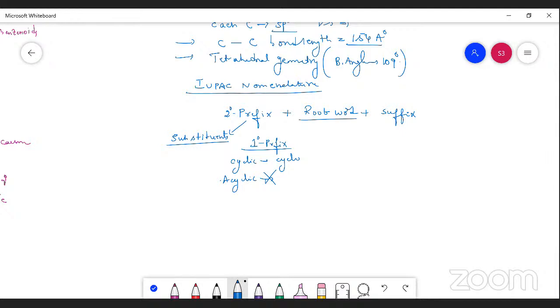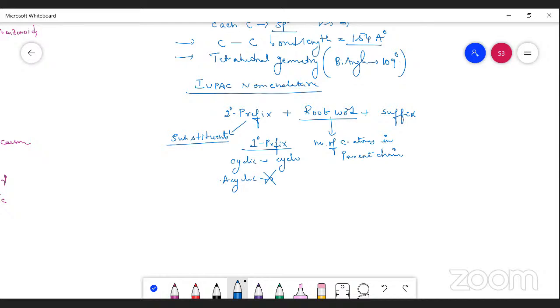And what are the root words? Root word indicates the number of carbon atoms in the main chain. Main chain we also call the parent chain. How many carbon atoms are there in the parent chain, that we represent as a root word.